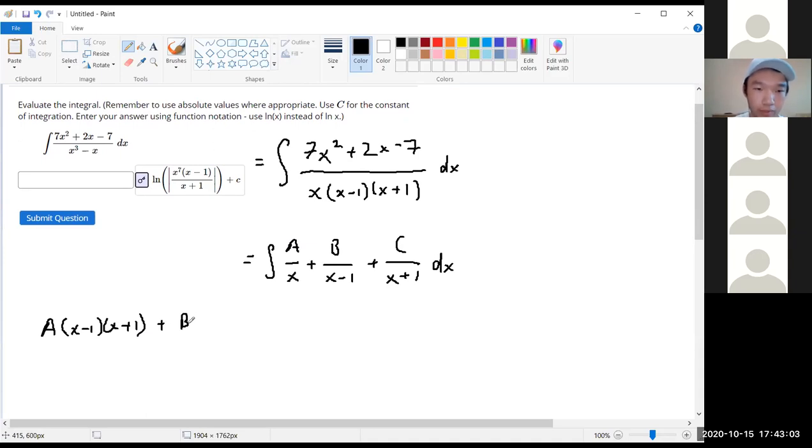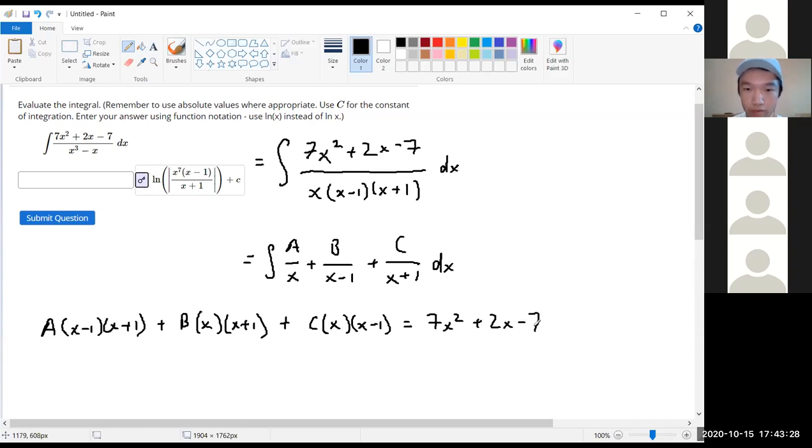plus b times x plus 1, plus c times x times x minus 1. And this is equal to our original numerator, plus 2x minus 7.